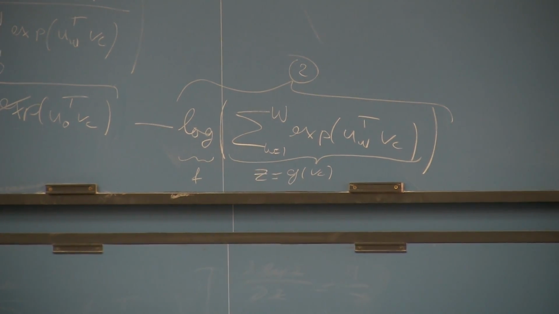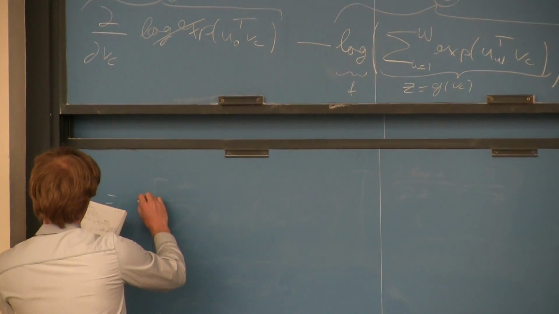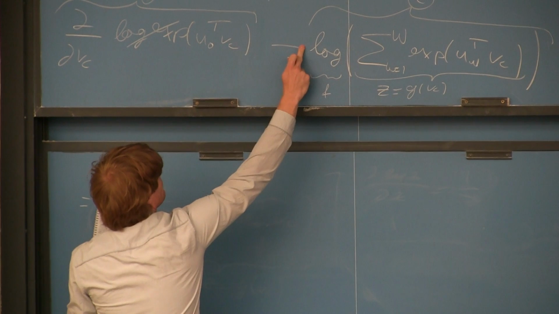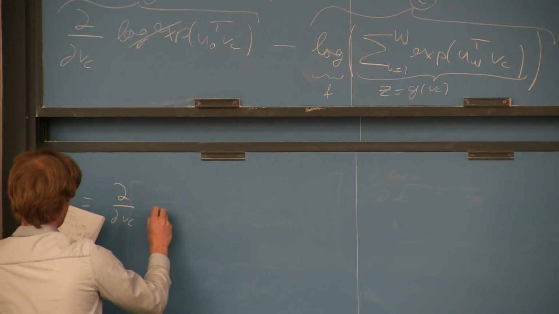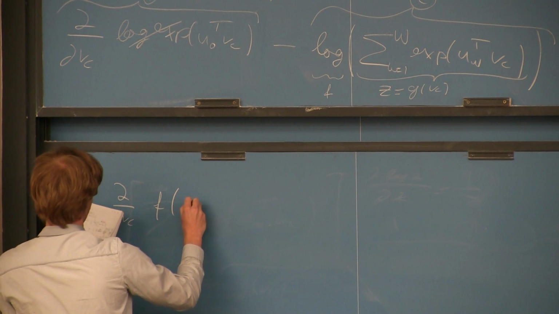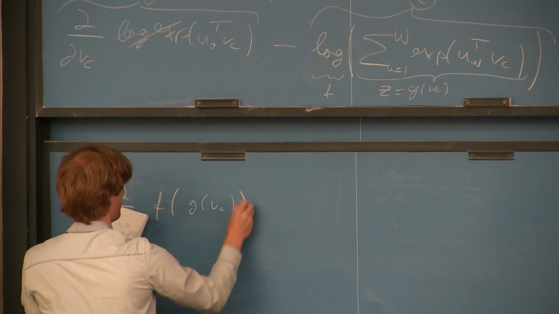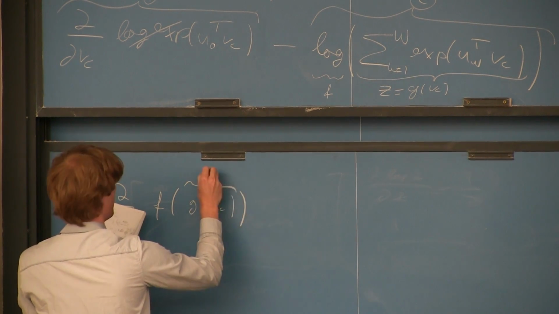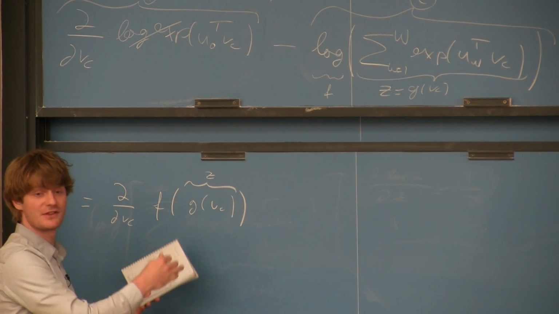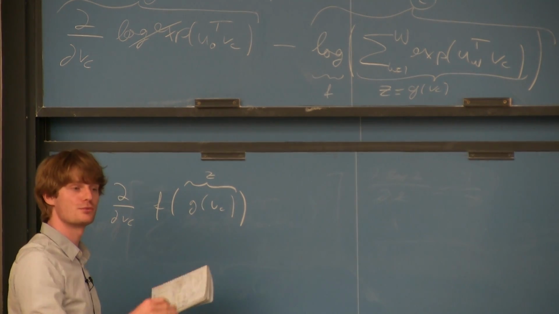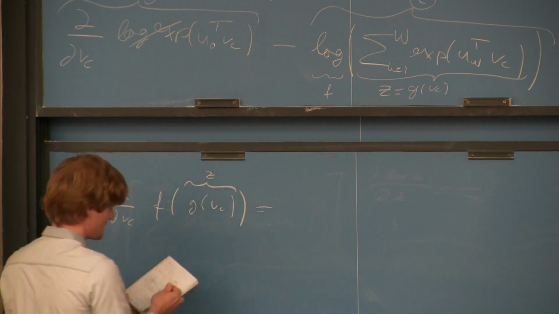So now we could rewrite this as, let's ignore the minus for now, but let's not forget that we have it, the derivative with respect to vc of f of g of vc. And again, this part here is z. I'm not trying to confuse you by introducing new notation, but this is how we'll refresh the chain rule, which will be very useful in the future. So now, what is the chain rule?